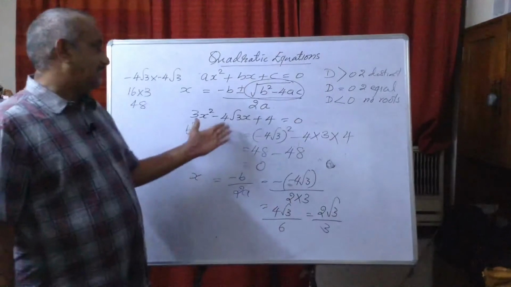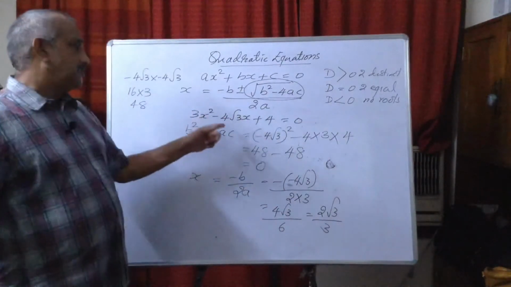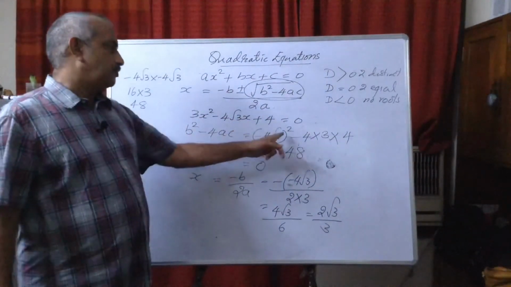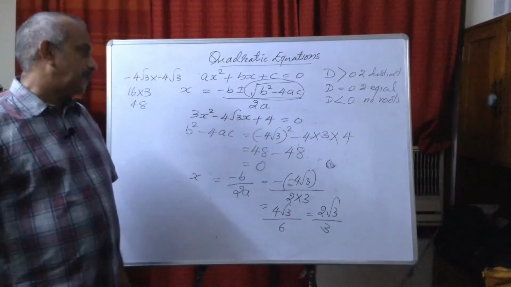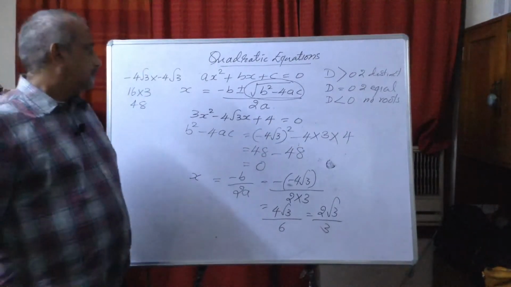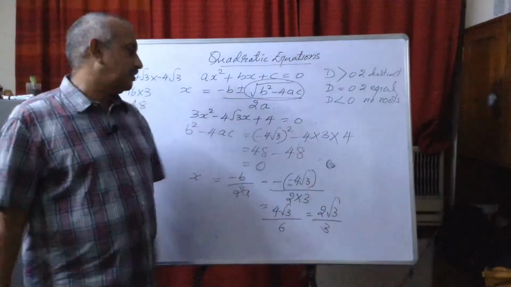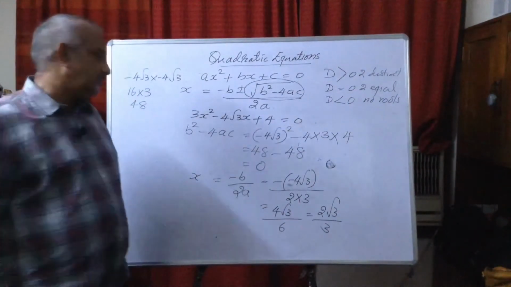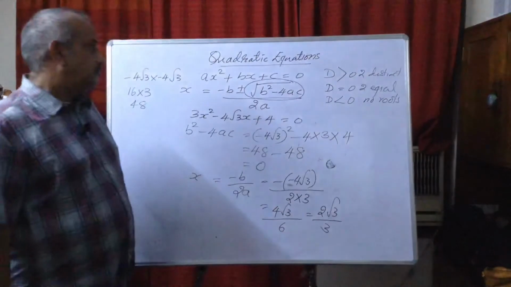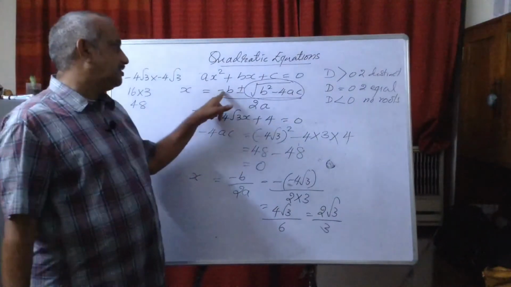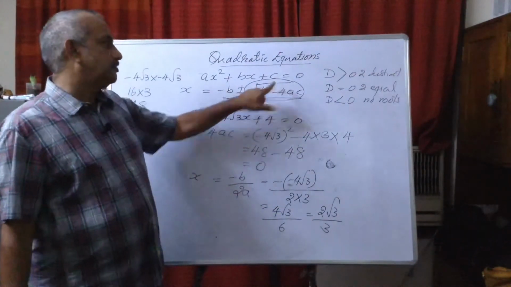So first I calculated b square minus 4ac: minus 4 root 3, the whole square, minus 4 into 3 into 4. So we get 48 minus 48, which is equal to 0. Now the formula will become minus b upon 2a, because this one is 0.